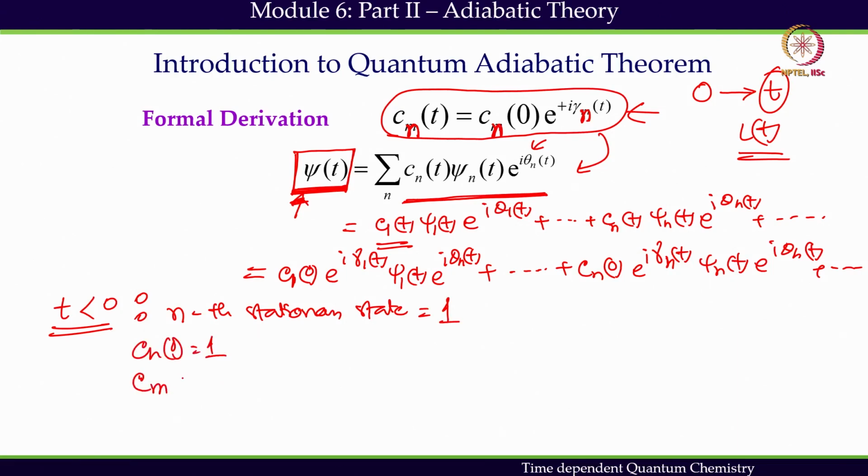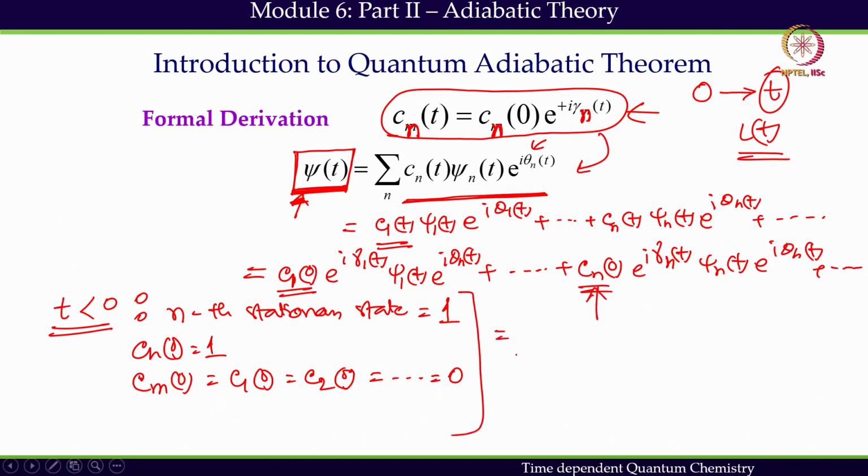All the other coefficients, C10, C20 at 0 time, are going to be 0. So all these terms will be 0 except for this term. In the end, what I get is that psi t is nothing but psi n t e to the power I gamma n t, and then e to the power I theta n t. That's the way it reduces.